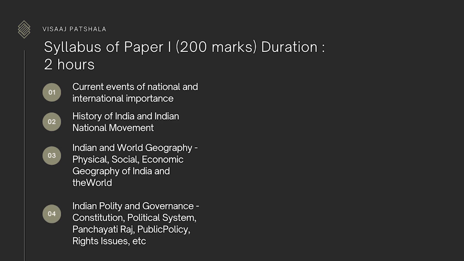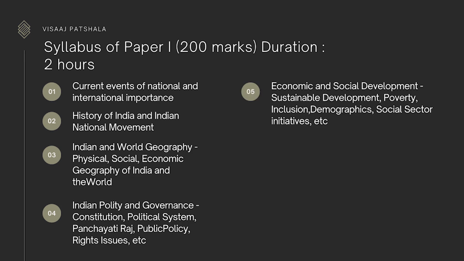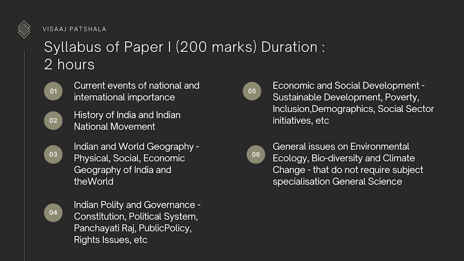Indian polity and governance: Constitution, political system, Panchayati Raj, public policy, rights issues, etc. Economic and social development: sustainable development, poverty, inclusion, demographics, social sector initiatives, etc. General issues on environment, ecology, biodiversity and climate change that do not require subject specialization, and general science.